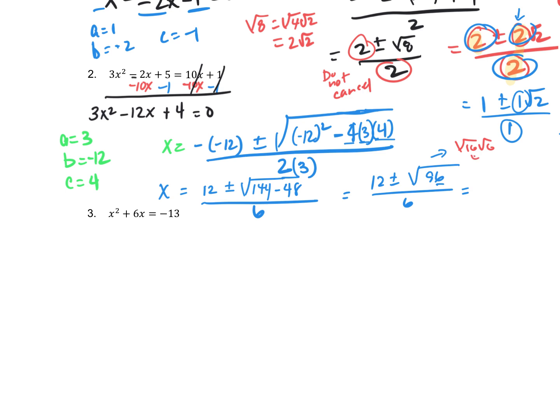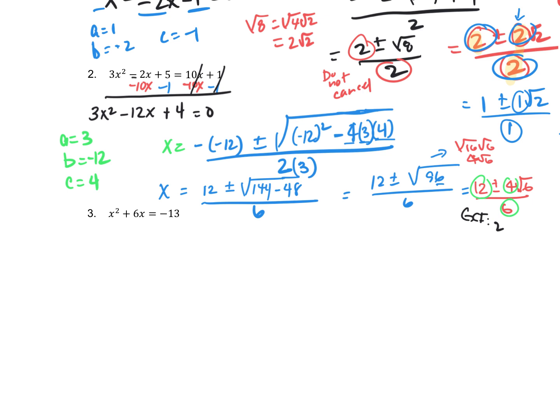Square root of 16 is 4, so I can change this now to 4 times square root of 6. So I have 12 plus or minus 4 times the square root of 6 all over 6. Look at those three numbers here, 12, 4, and 6. GCF for that is a 2.